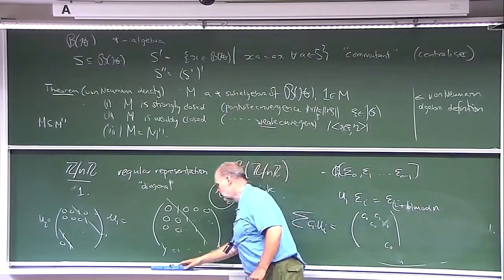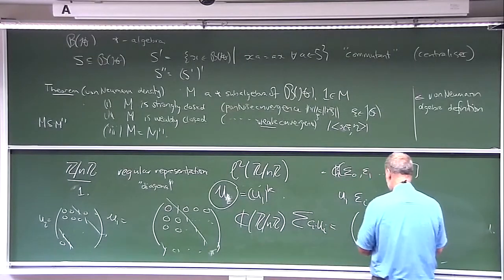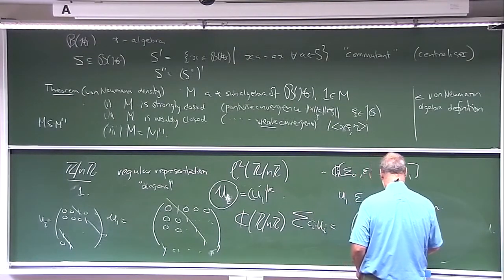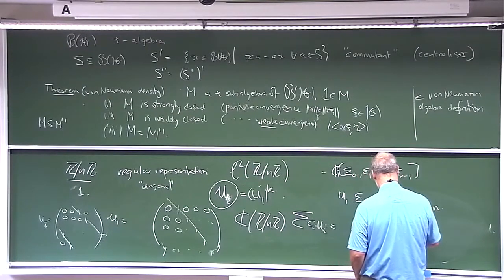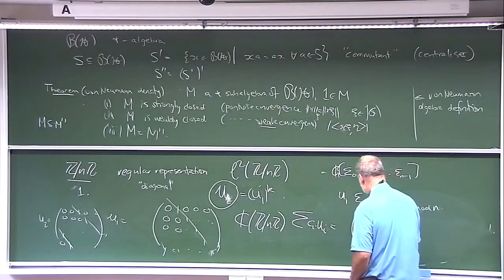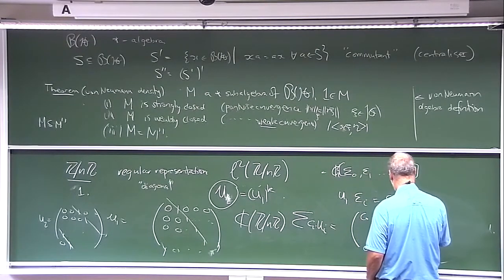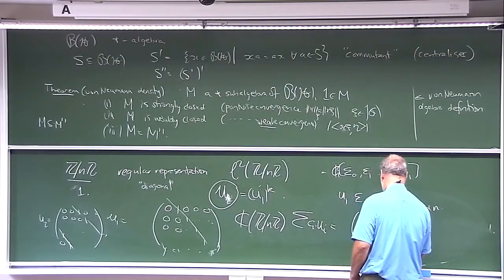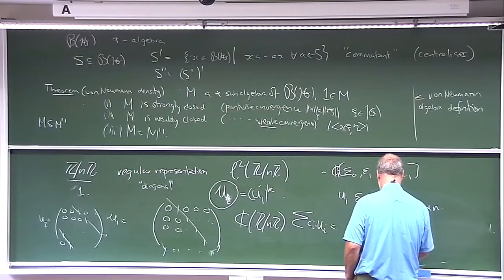The matrix has c0, c0, c0, c0, then c1, c1, c1, c1, then c2, c2, and c3, c3.